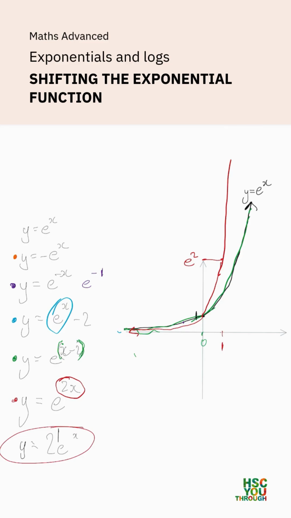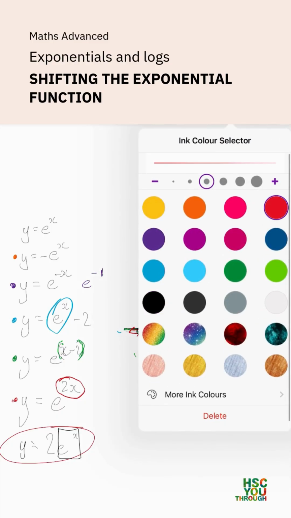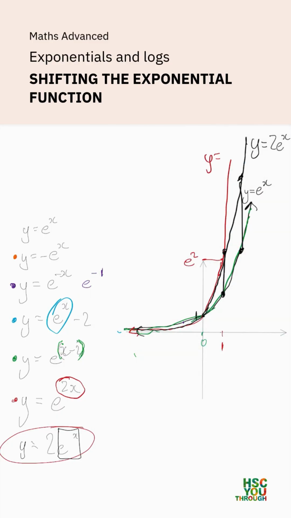This takes the graph y equals e to the x and multiplies it by 2 everywhere. So whatever heights we were getting on the old graph, they're now bumped up by 2 times. So they'll give you something like that. This is y equals 2 e to the x, like a normal scaling factor. Unlike y equals e to the 2x, far more aggressive.